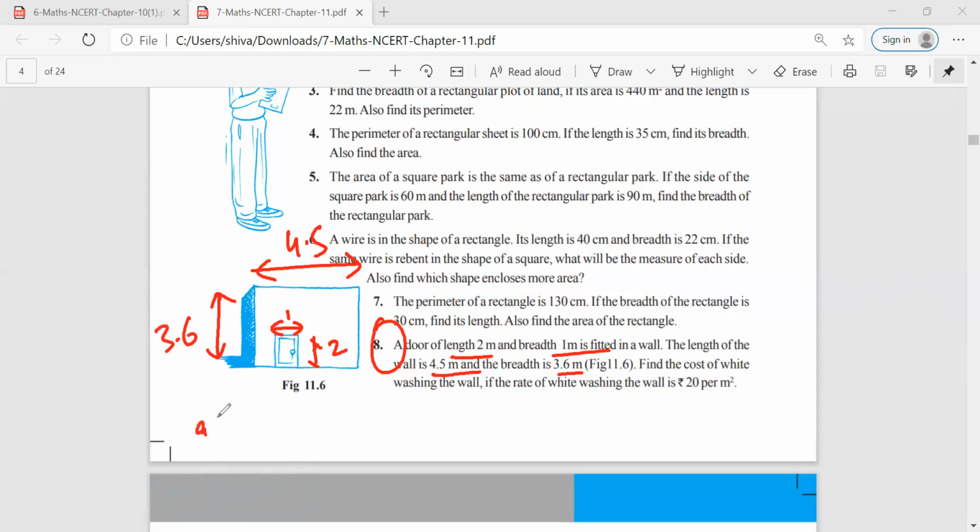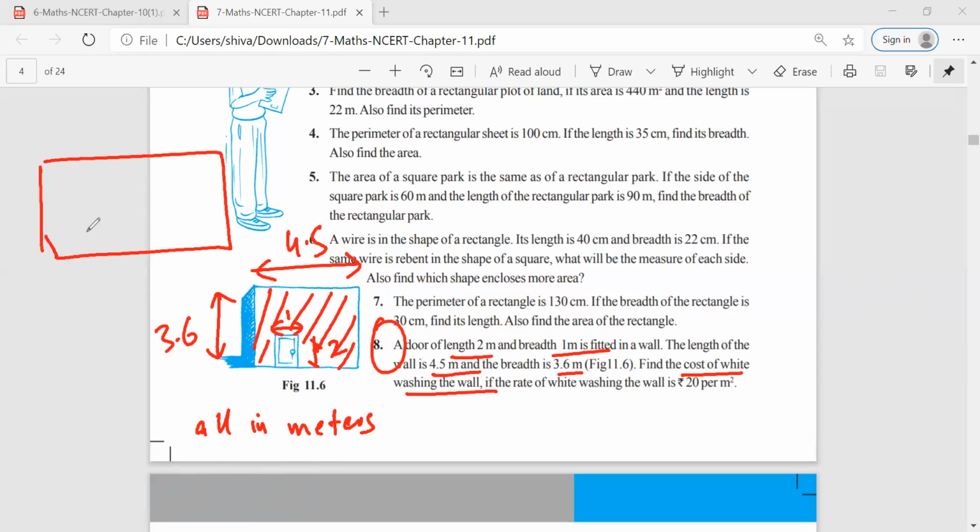All are in meters. Find the cost of whitewashing the wall. Now, when I'm whitewashing the wall, I need not whitewash the door. So therefore, I'll take the full area of the wall and subtract the door from it.